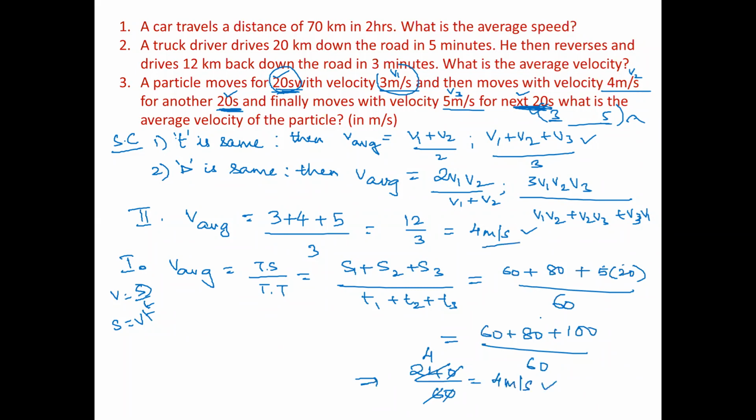Both ways you will get the same answer. Whichever method is easy for you, that method you choose. Provided, guys, this shortcut is applicable only when time is the same. When time is not the same, suppose here he gave 30 seconds, here he gave some other time, you have to go for this. The ways of doing is important.